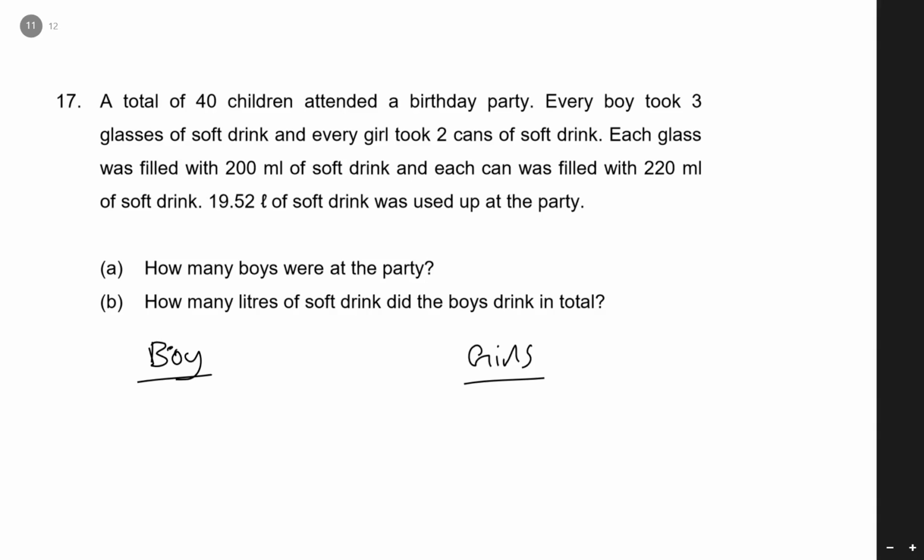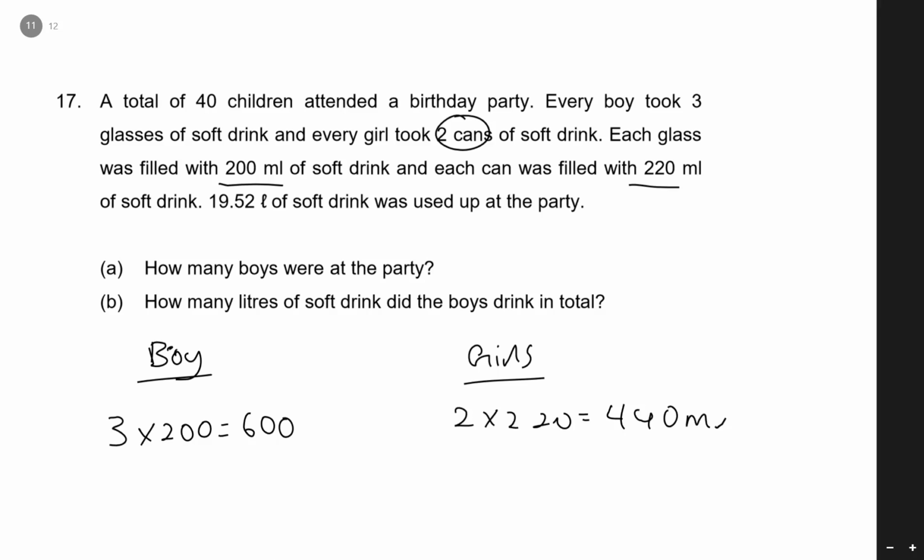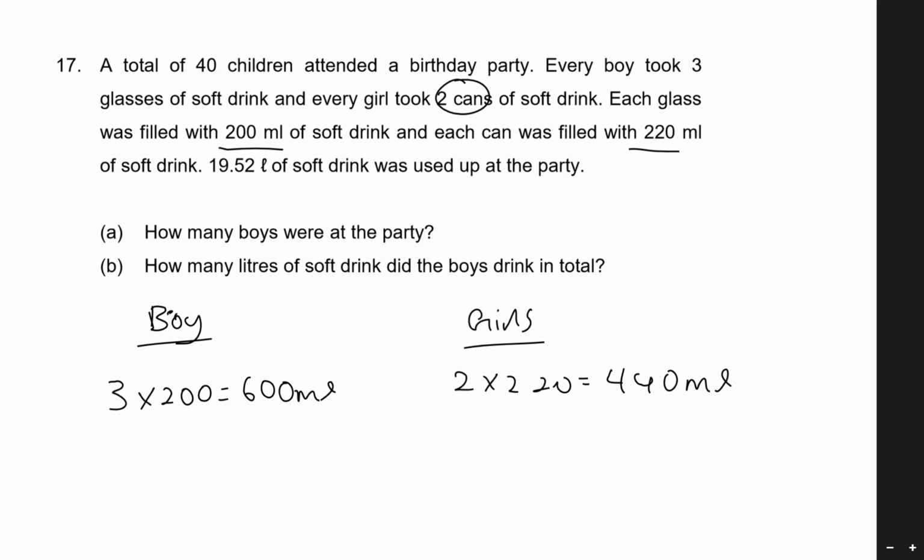Each boy is going to take 3 glasses and each glass is going to be 200 milliliters. That is so much sugar for a person. For girls, 2 cans and each can is 220, so 220 gives you 440 ml. So every boy 600, every girl 440.